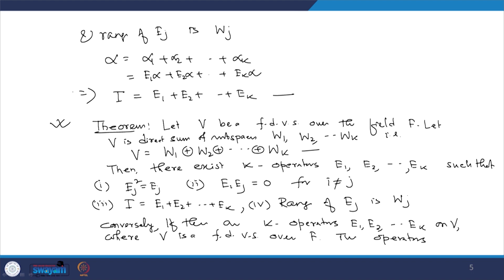So, the problem is like this: if V is a finite dimensional vector space over the field F, and V is the direct sum of subspaces W1 to Wk, then there exist k linear operators E1, E2, Ek, which are basically projection operators on V, satisfying the 4 conditions we have given here.